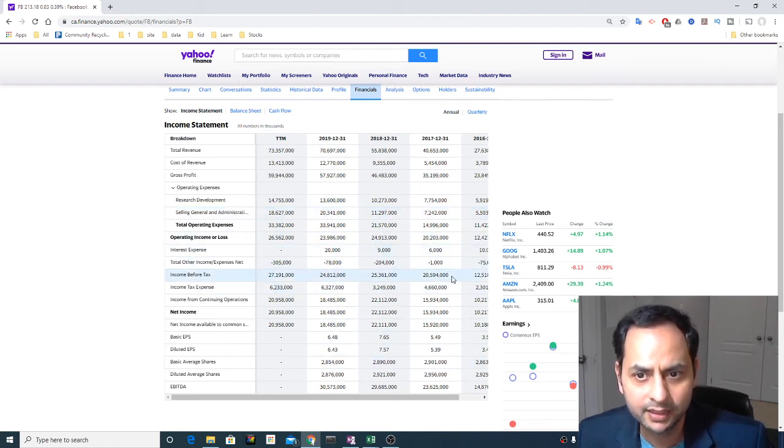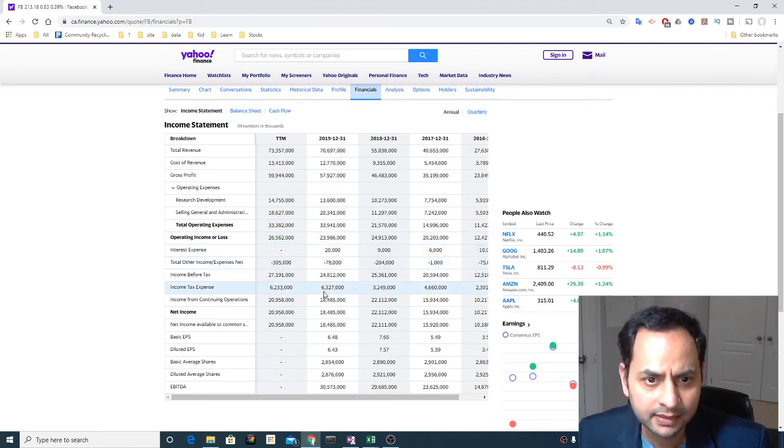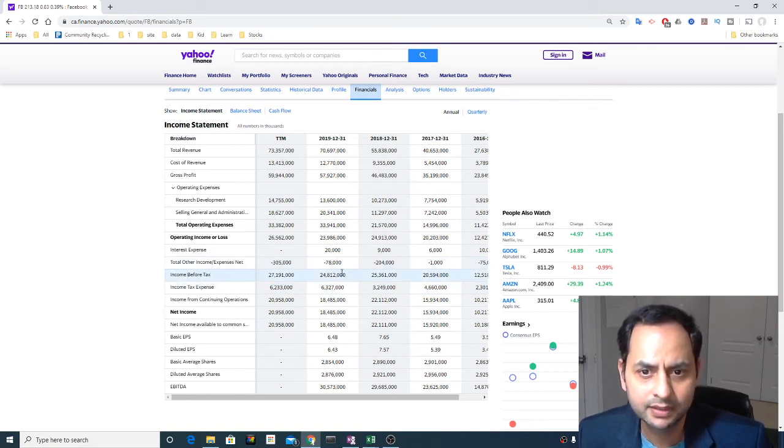So let's go here. Here is 25, and then 24, and then 27. Similarly, because this number is down, this is down as well. The next, we'll do that for each and every item. So income before tax, and then income tax expenses, where it goes 2, 4, and you see in 2018 it was less, but in 2019 it jumps as well.